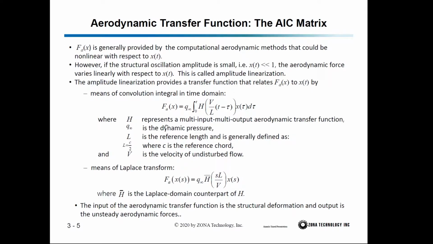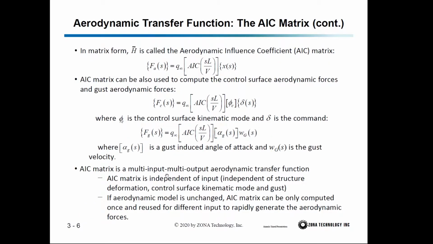If we apply Laplace transform to this convolution integral, then we have a much simpler form. h bar here is the Laplace counterpart of h, so if we have a structure deformation in the Laplace domain and multiply by h bar, it will give us the aerodynamic forces in the Laplace domain. In matrix form, h bar is called the aerodynamic influence coefficient, or AIC matrix.